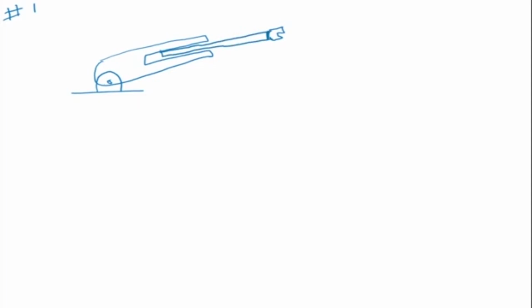This is a 2 degree of freedom manipulator system, so this is 2 DOF. The first one is a rotating joint, so it can rotate like this. There is a theta. The second one is a translating joint, which can translate like this. That is my D, so this is my D2.